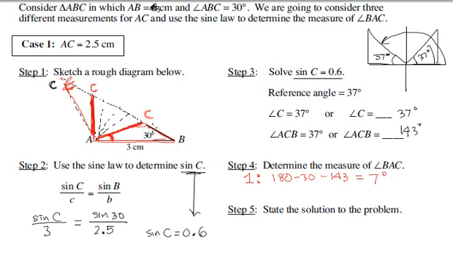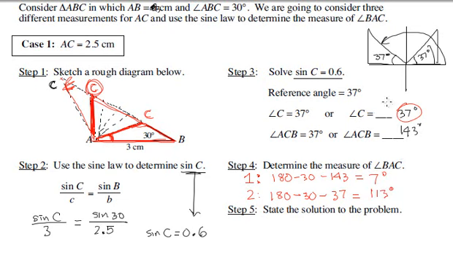If we're talking about the big one here, AB to the top C, to this point, then we get 180 degrees minus, we have 30 at angle B, and we have 37 degrees at the other corner. 180 minus 30 is 150, minus 37 is 113 degrees.